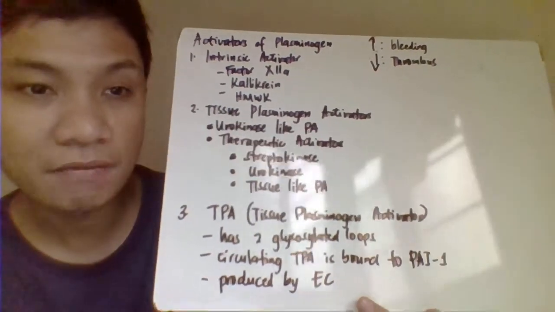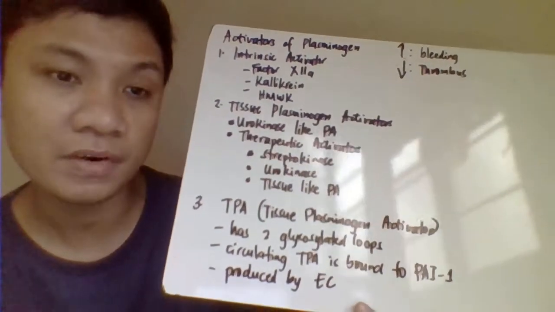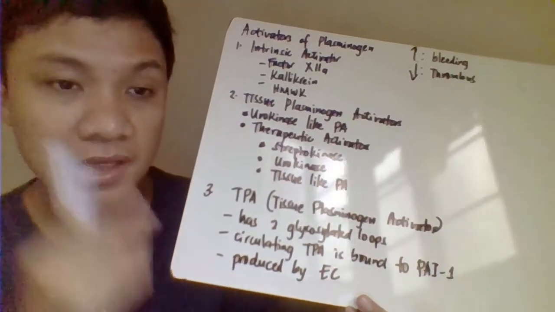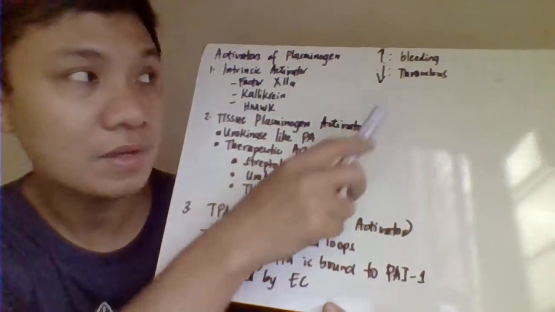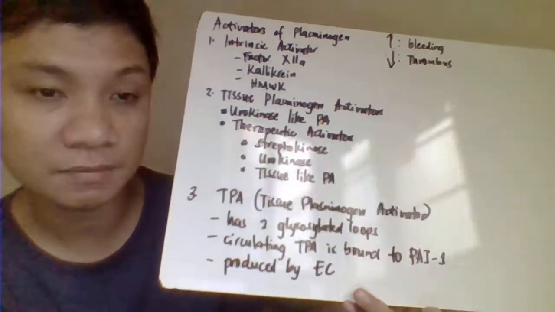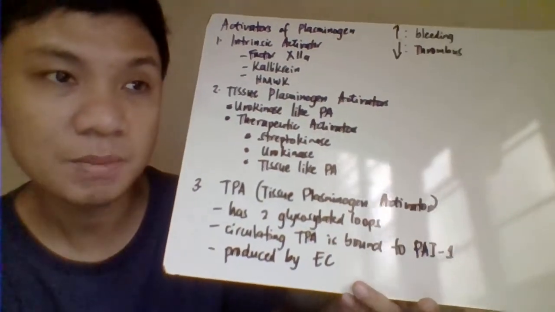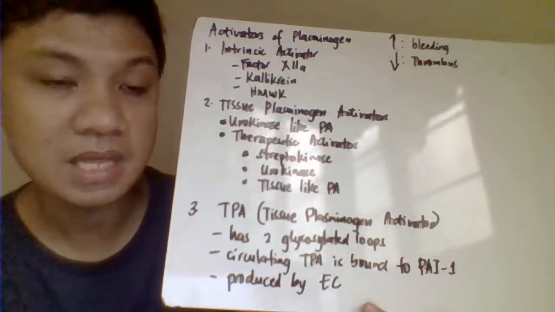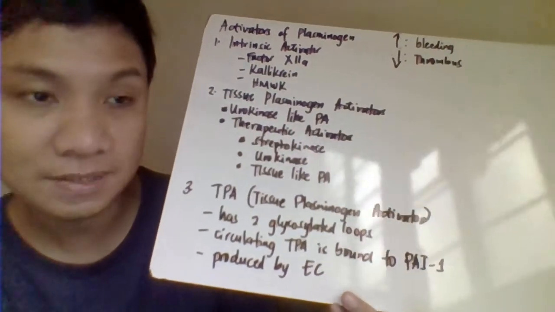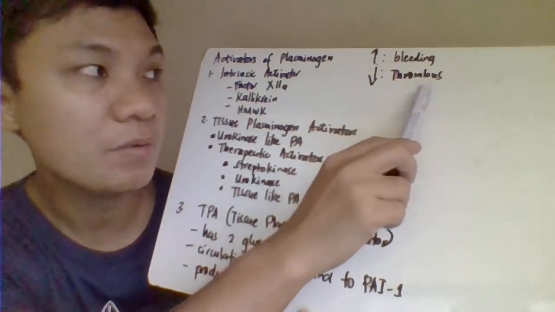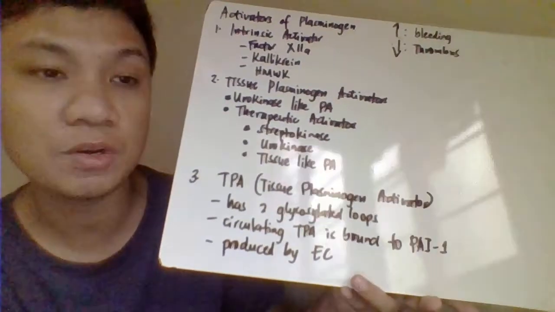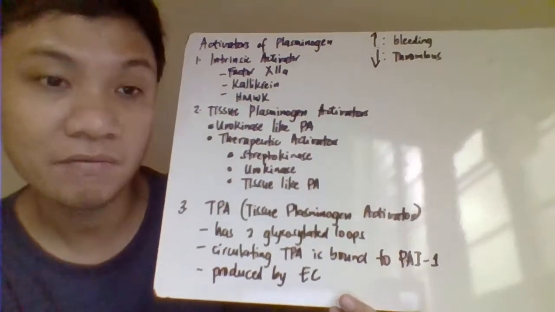So pag madami kang activators, much of your plasminogen will be converted to your plasmin, and therefore digestion ng digest. This results in your bleeding manifestation. But in the absence of your activators, plasminogen will not be converted to your plasmin, and therefore your clot will not be dissolved. And therefore what you have here would be your thrombus formation pag wala kang activators.